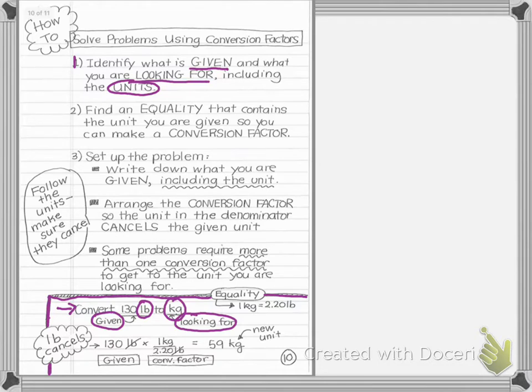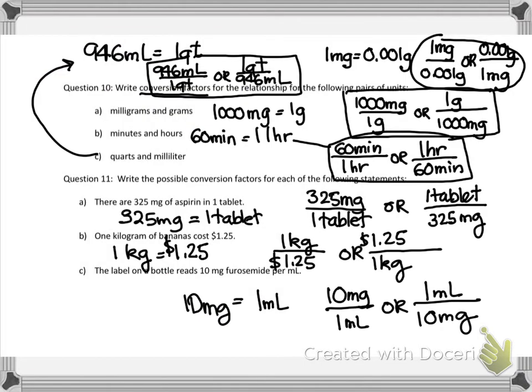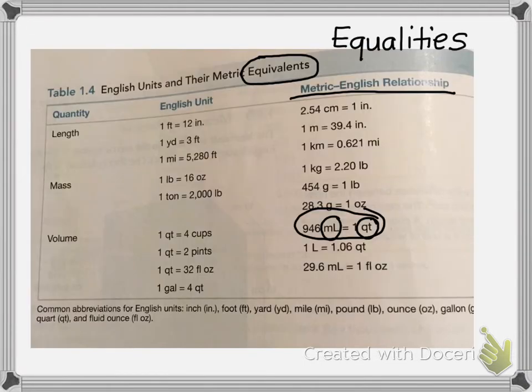Then it says, find an equality that contains the unit that you are given so that you can make a conversion factor. Okay, so this is metric to English. So let me go back to this table. We have pounds and kilograms, right?